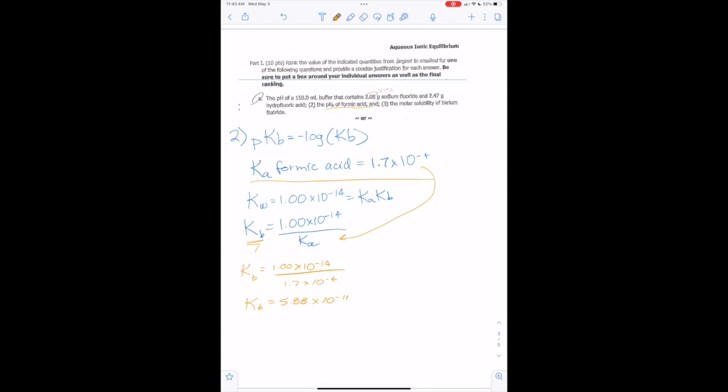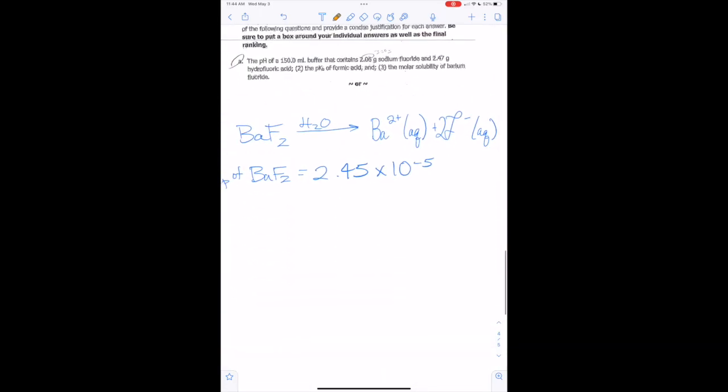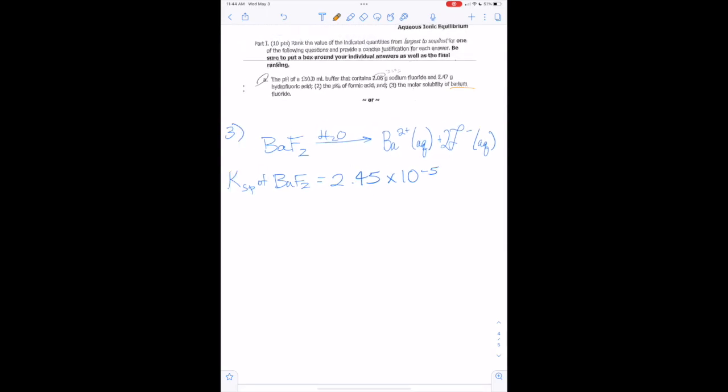Now we know that pKb is just the negative log of a Kb value, so we're going to take the negative log of 5.88 times 10 to the negative 11th to find our pKb, which will be 10.23. I have 2 sig figs to the right of that decimal because I have 2 sig figs in my formic acid Ka.